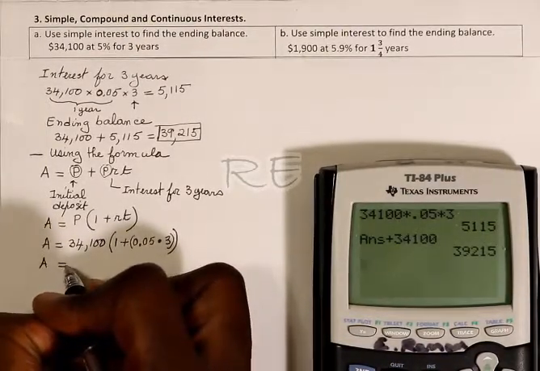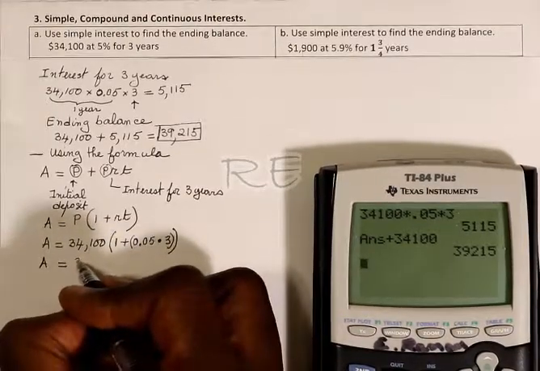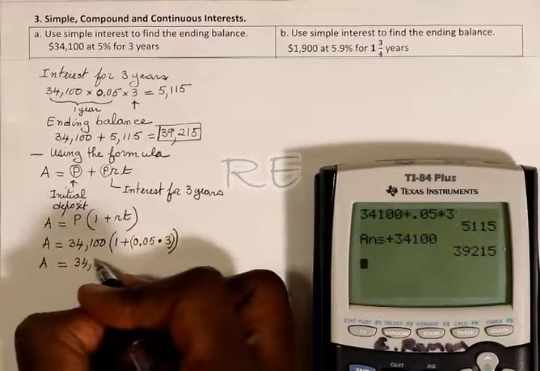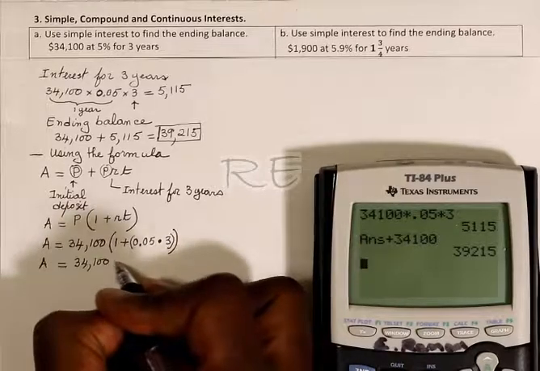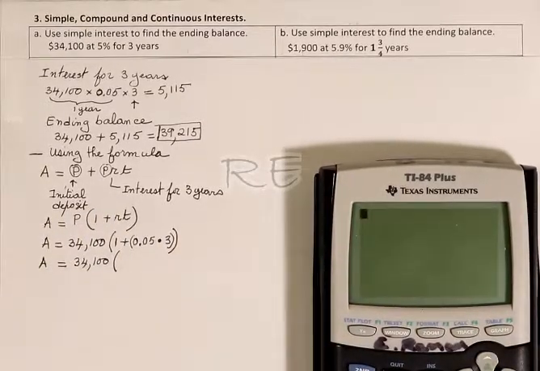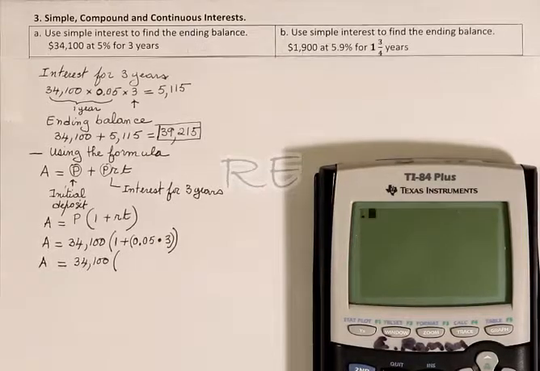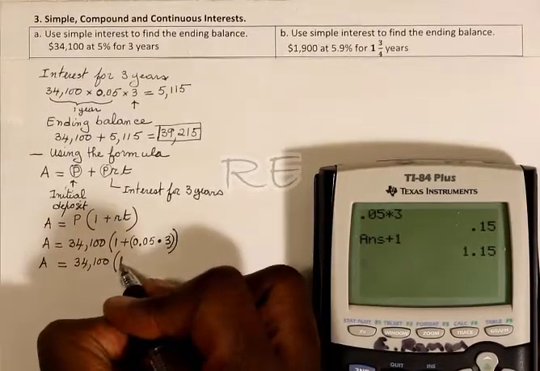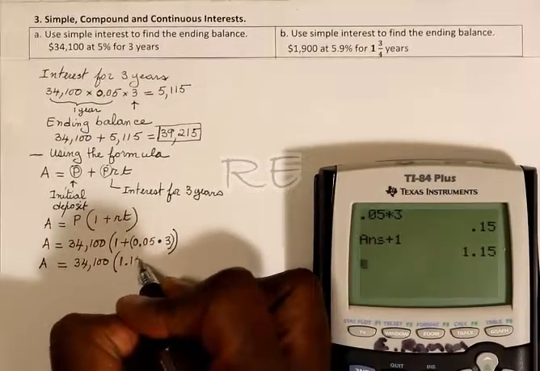Ending balance is equal to 34,100 times, let's do it with the calculator, 0.05 multiplied by 3, that's 0.15 plus 1, 1.15.